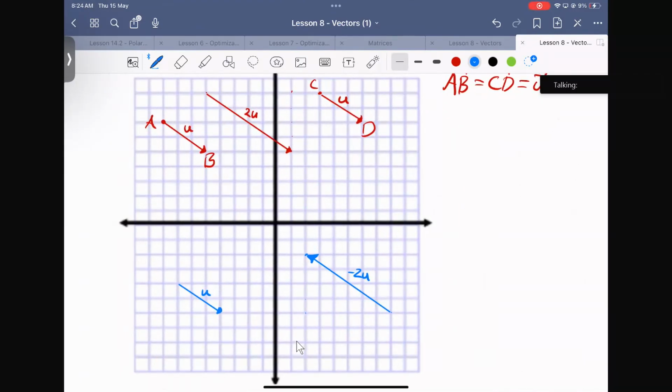If we compare it to the ones we did earlier, when we look at the vectors and we multiply by a scalar, what do we notice happens? There are 2 or 3 important things that happen. What are those important things? Discuss with the person next to you. What are the 3 important things we can see when multiplying by these scalars?